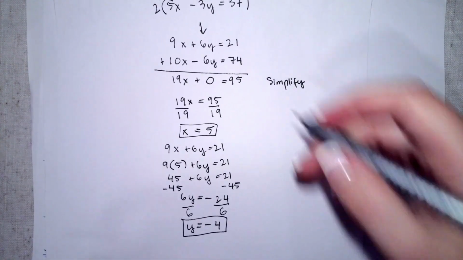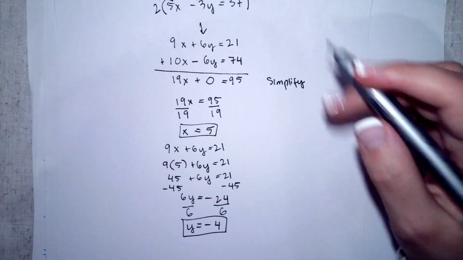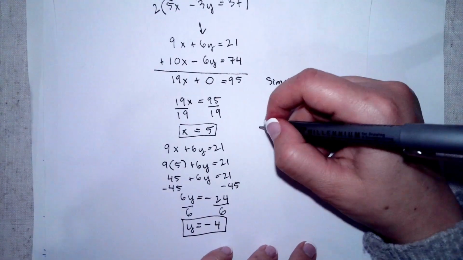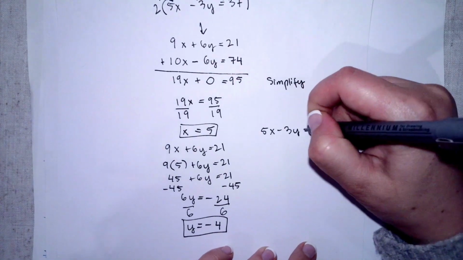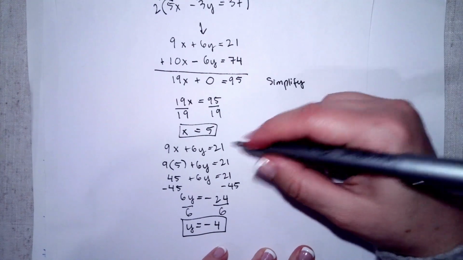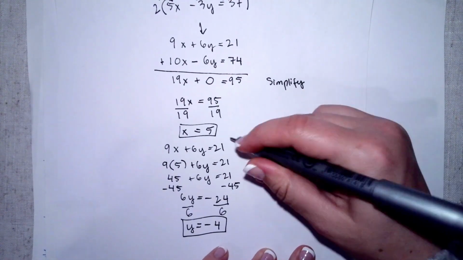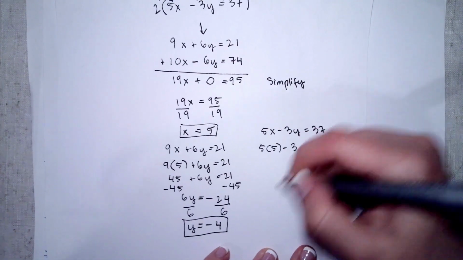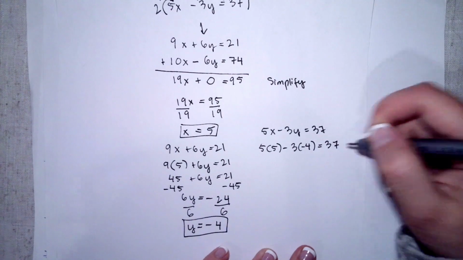And of course, now we are going to check them. So instead of the first equation, I'm going to go ahead and use the second equation. So 5x minus 3y equals 37. And we're going to plug the variables in. So 5 times 5 minus 3 times negative 4 is equal to 37.